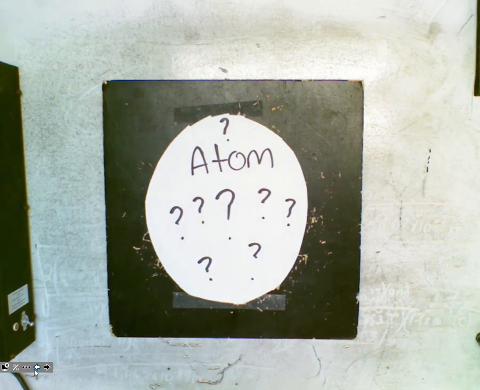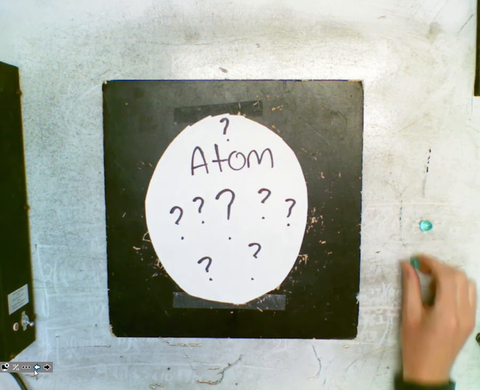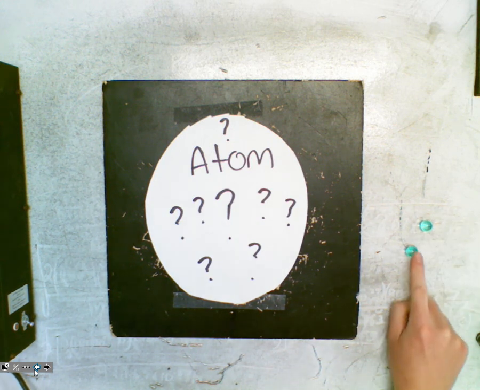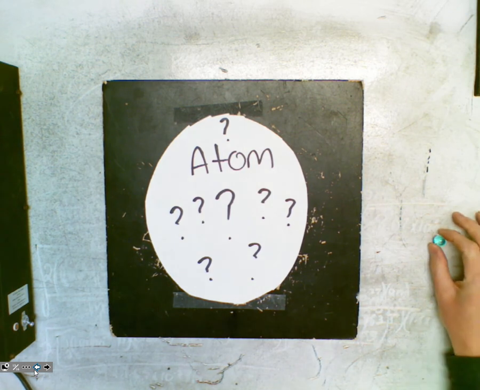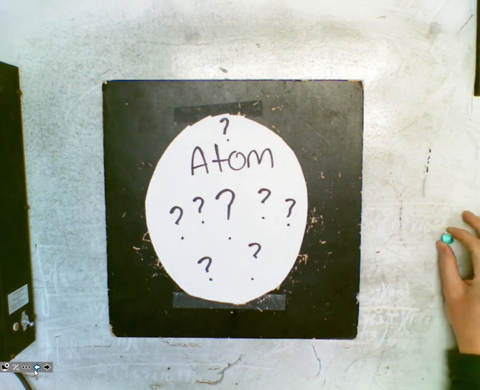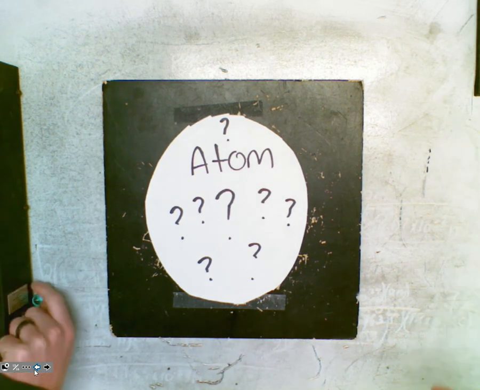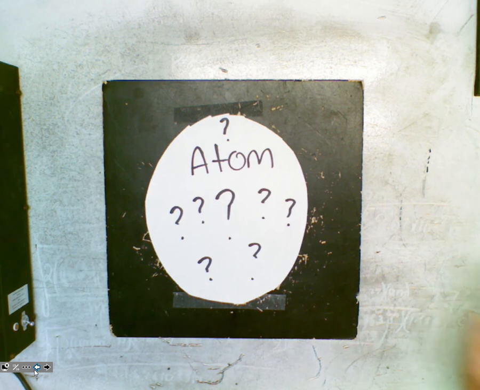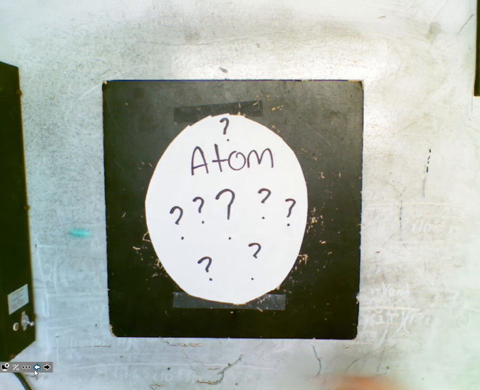So Rutherford shot alpha particles at it. To symbolize the alpha particles, I have these marbles here. So when Rutherford shot the alpha particles at the atom, I'm going to throw them at the atom. This is my detector screen behind here. He expected those alpha particles to pass right through, and that's what they did, right? Every time he shot it, it would pass right through, and that's exactly what he was expecting.